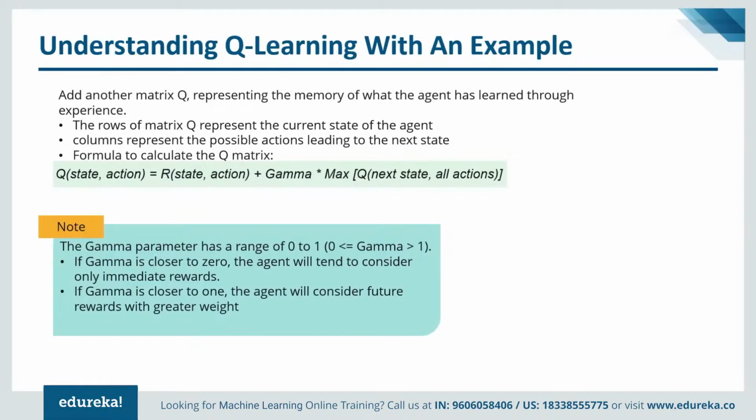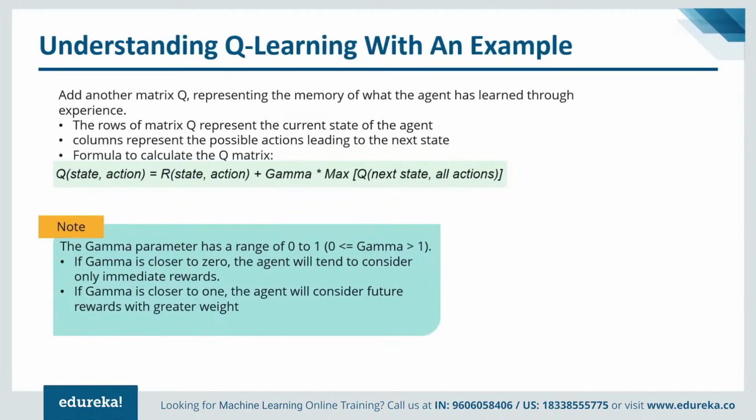If the gamma is closer to 0, it means that the agent will consider only the immediate rewards, which means that the agent will not explore the surrounding. Basically, it won't explore different rooms. It'll just choose a particular room and then it'll try sticking to it. But if the value of gamma is high, meaning that if it's closer to 1, the agent will consider future rewards with greater weight. This means that the agent will explore all the possible approaches or all the possible policies in order to get to the end goal.